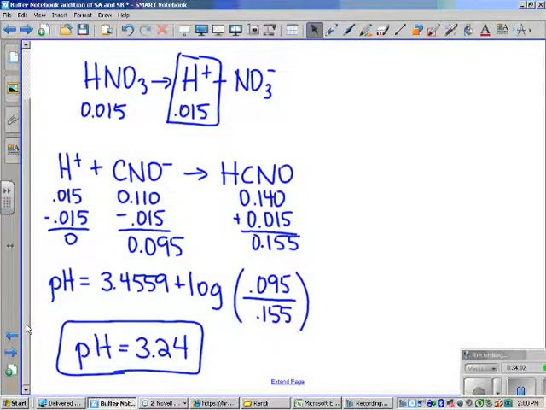So go back to what we wrote about the acidic part and the basic part and decide what was the basic part of your buffer. That's what's going to neutralize that H plus.